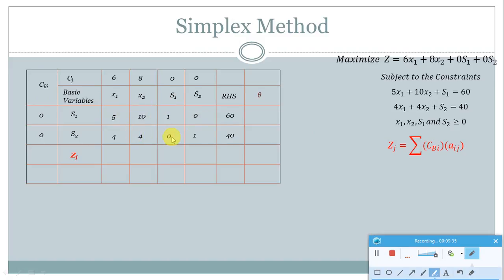So the Z1 will be obtained like this: 5 into 0 plus 4 into 0, 0. Z2 will be 10 into 0 plus 4 into 0. So similarly, the remaining values of Z will be 0, 0. All values will be 0 because the coefficients of the basic variables are 0. Finally, the value of z for the RHS will be 0.